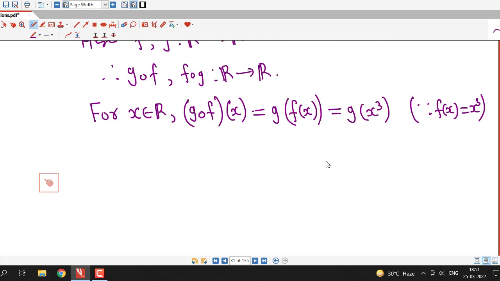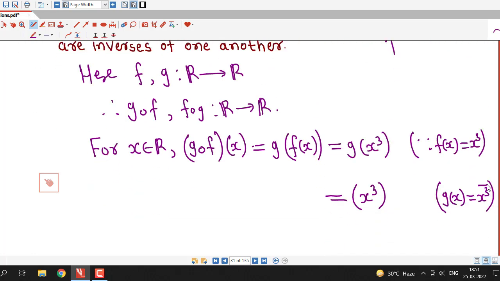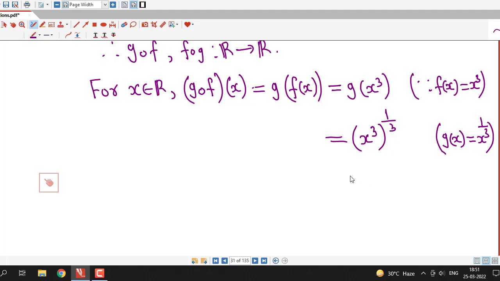Therefore g of x cube is x cube raised to, g(x) is not x raised to 3, it is x raised to 1 by 3. So g of x cube is x cube raised to 1 by 3, and this is going to be x.